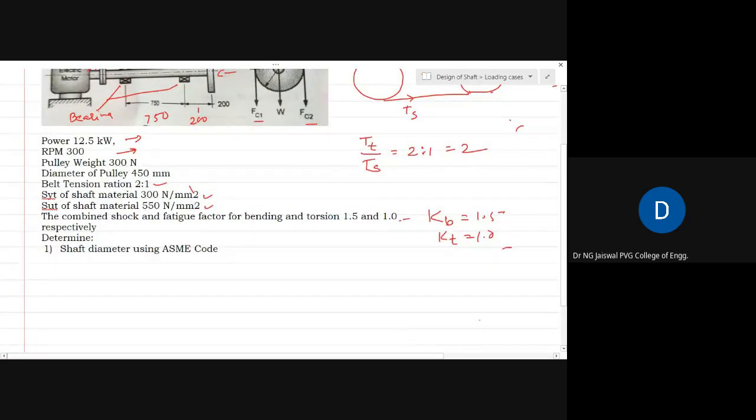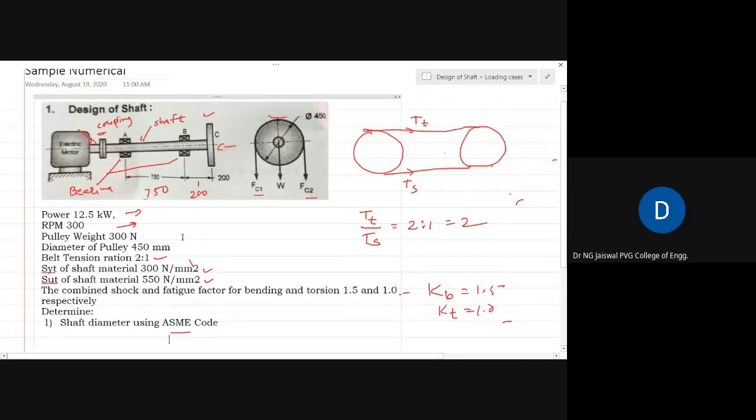No need to say that if the KB and KT factors are given, it means that you have to design the shaft as per the ASME code, because ASME only talks about KB and KT. Determine the shaft diameter using the ASME code. So if you understand this problem, one can think of the solution.